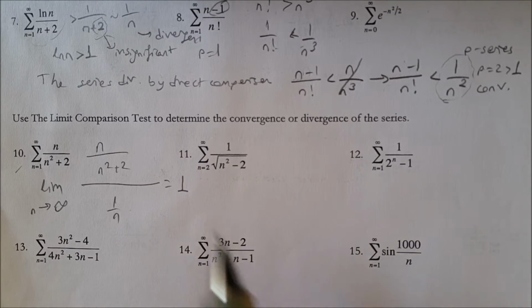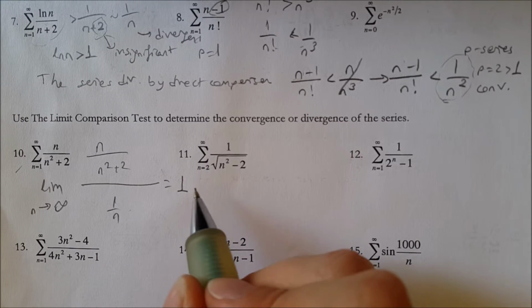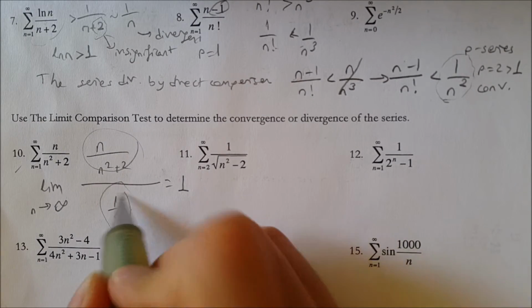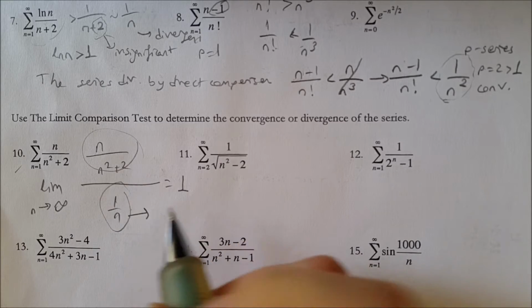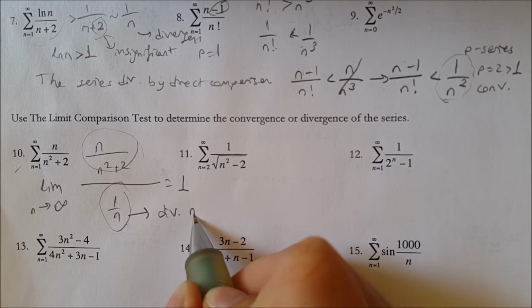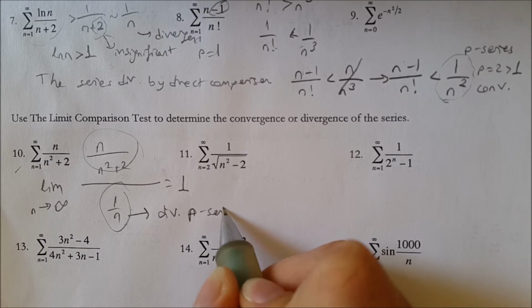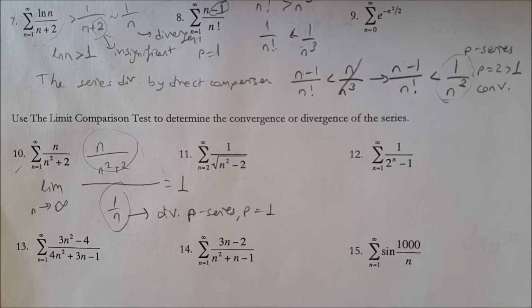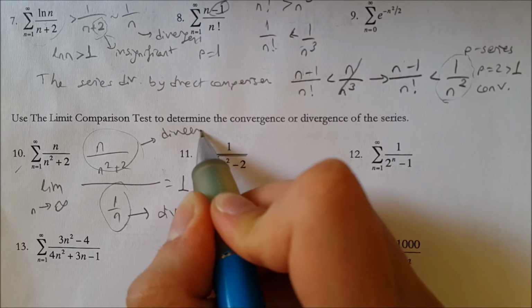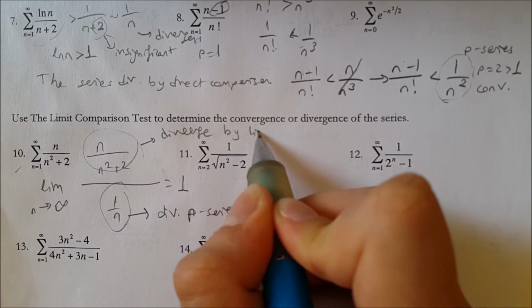Which means that if the limit is 1, then this will act the same way as this one does. So if 1 over n diverges, which it does since it's a p-series and p is equal to 1, then this will also diverge by limit comparison.